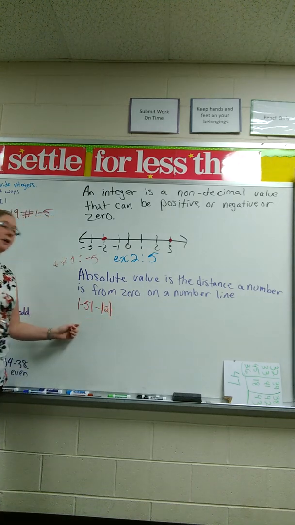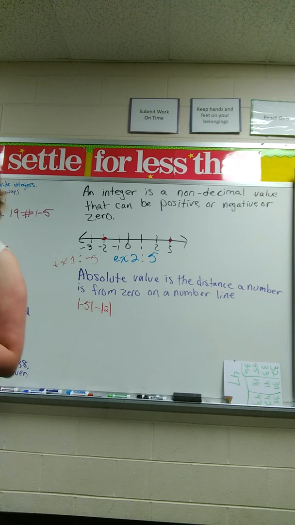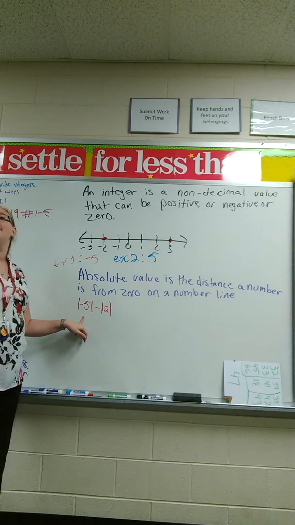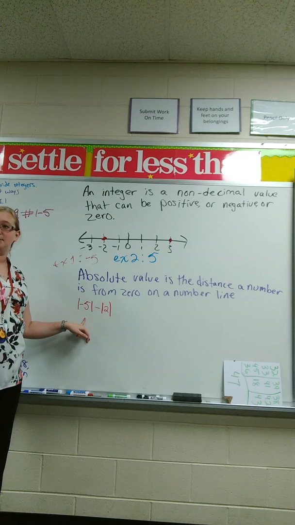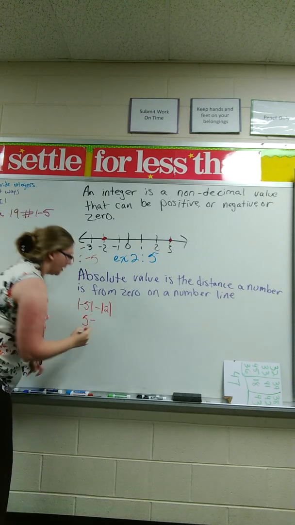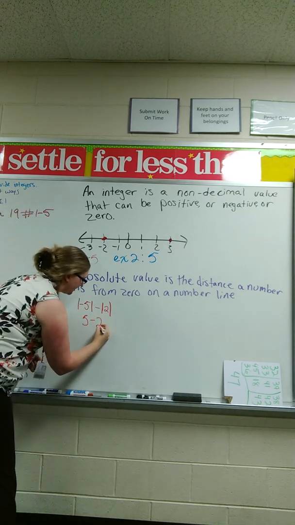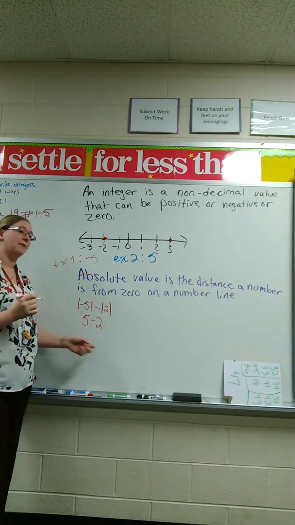So these bars going up and down mean absolute value. Instead of writing out the absolute value of, we use those 2 bars. So what is the absolute value of negative 5? 5, because negative 5 is 5 spaces from 0. What is the absolute value of 2? 2. 2 is going to be 2 spaces from 0. What is 5 minus 2?